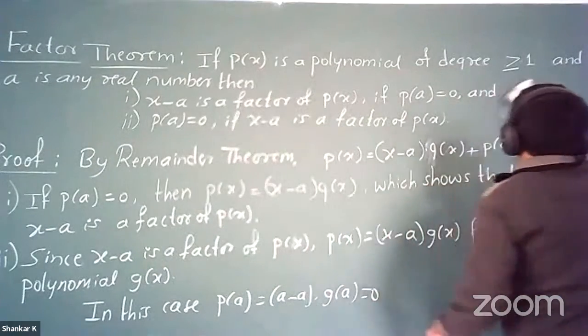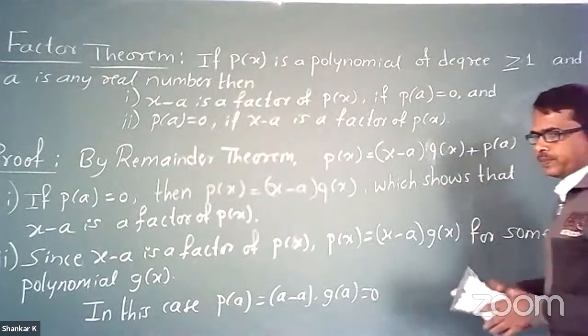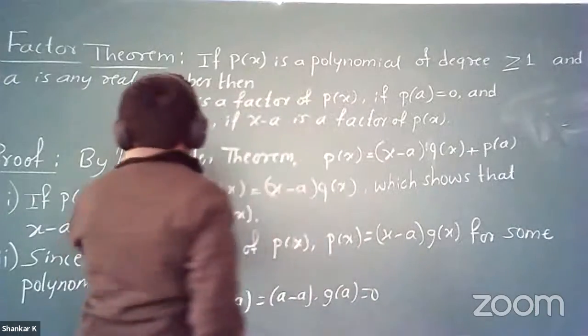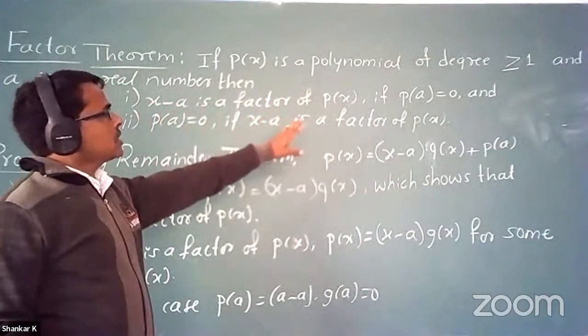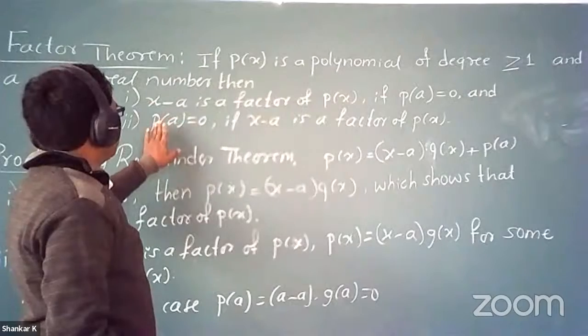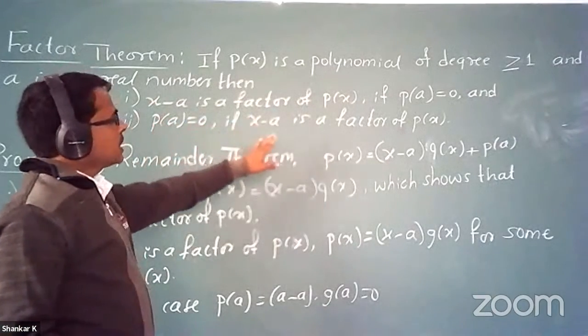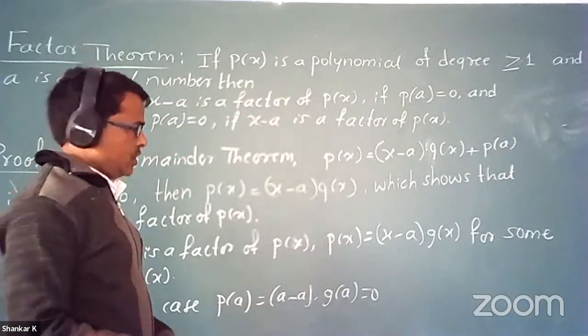Here, this we have to prove. What is given here? X minus a is a factor of P of x if P of a is equal to 0. Or if P of a is equal to 0, then x minus a is a factor of P of x. This is the statement.